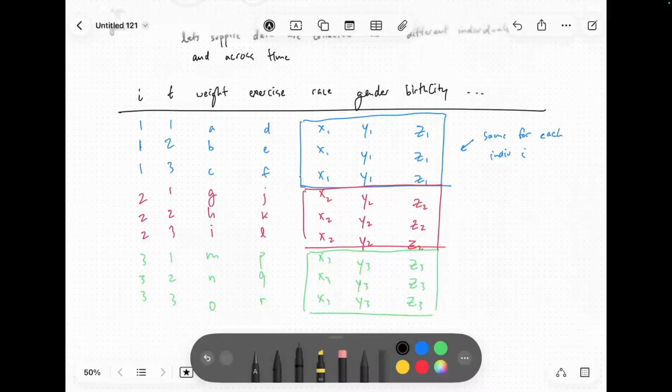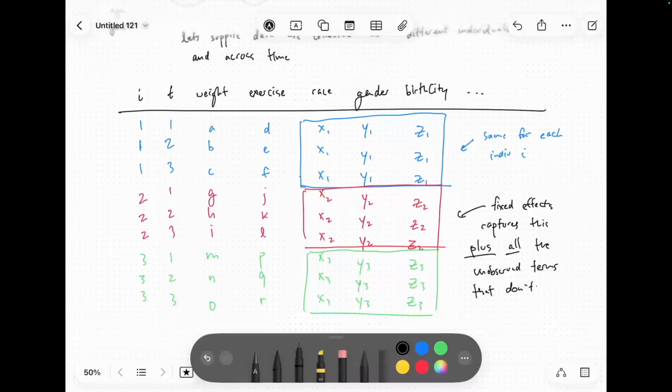So the idea is fixed effects captures this, plus all the unobserved terms that don't vary over time. Okay?